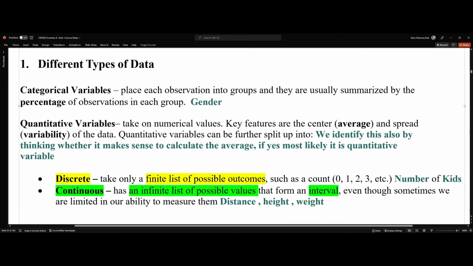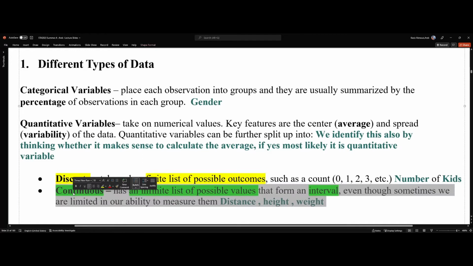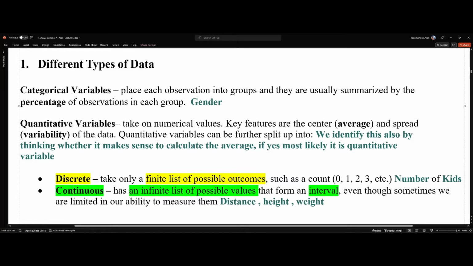Now the second subcategory of quantitative variables are the continuous ones, and these can take an infinite list of possible values.